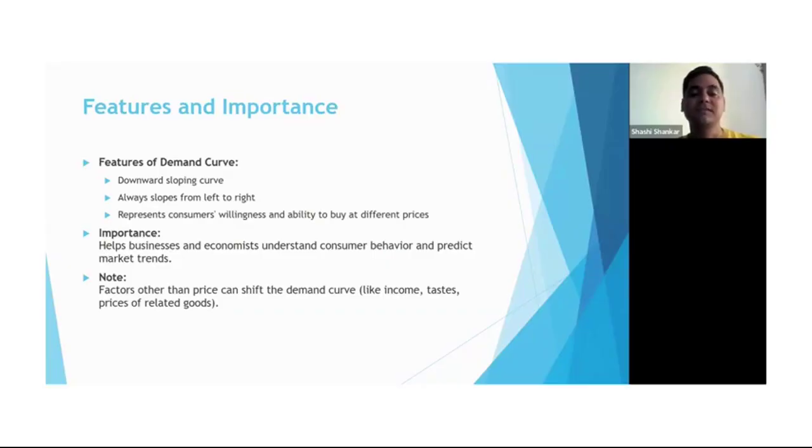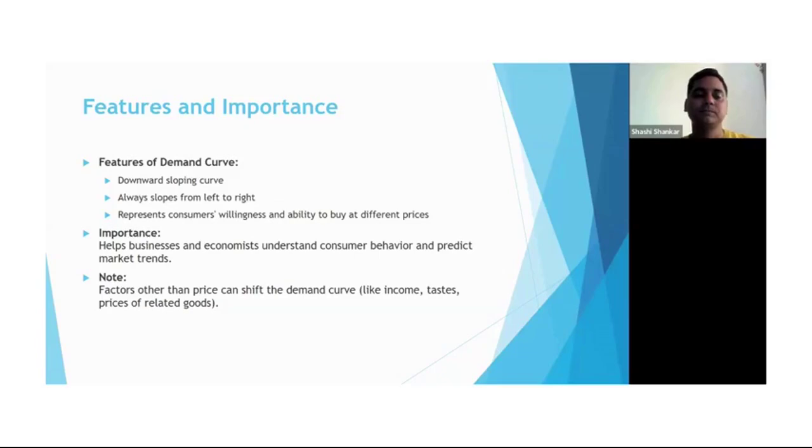So it helps in decision making, it helps to plan strategy, and it helps in understanding consumer behavior. For the businessman and the economist, it is very important to understand consumer behavior, and also predict market trends and the quantity demanded in the market.